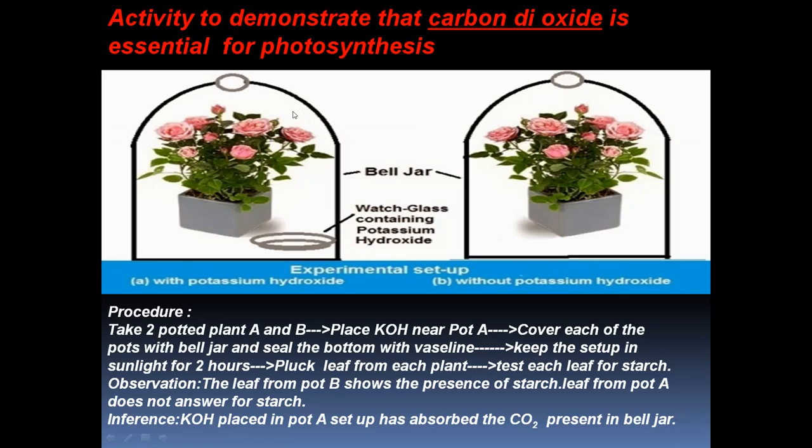Therefore, there was no carbon dioxide available for the leaf to absorb and synthesize starch. So here the starch was not synthesized, whereas in pot B there was sufficient carbon dioxide. So the leaves of this pot have prepared the starch. Therefore, the leaf from pot B gives an answer for starch, whereas the leaf from pot A doesn't.